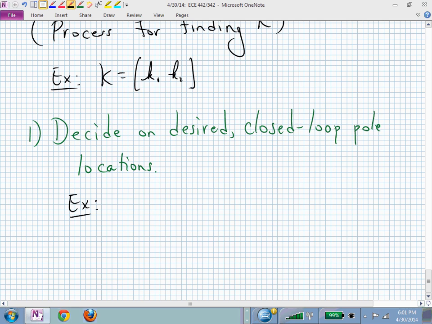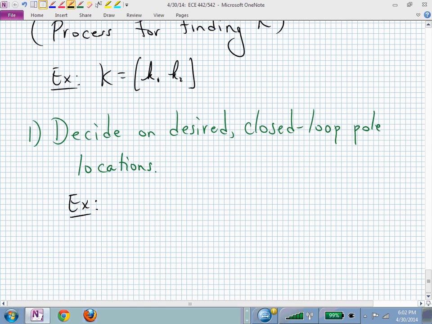Because now you better have a little bit better feel for where those poles are located. You know these hearts in the z-plane. You know these concentric circles. You know these angles. You know how all of those play together to give you desired regions in the complex z-plane that you might want your dominant poles to live. If you know something about the percent overshoot requirement, something about the settling time, something about the peak time, all of those influence where you are inside the unit circle.